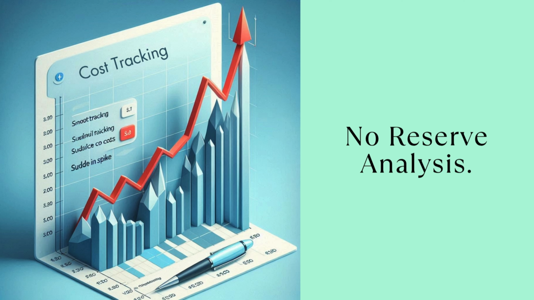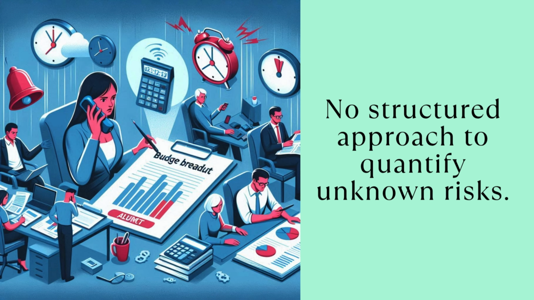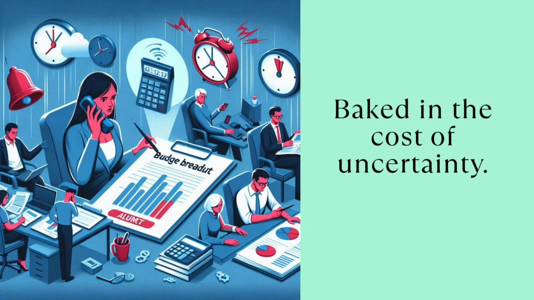Overrun by 27%. Their mistake? No reserve analysis. No structured approach to quantify unknown risks. And no financial buffer to absorb the shock. Had they done reserve analysis, they would have baked in the cost of uncertainty. And their project? It would have survived.